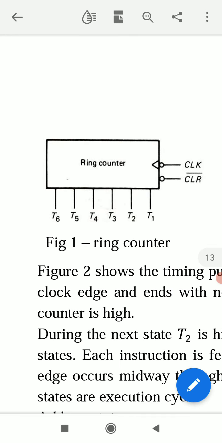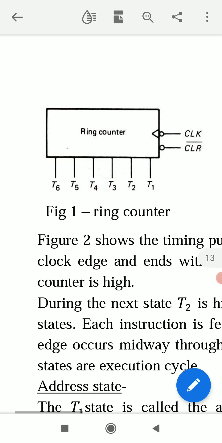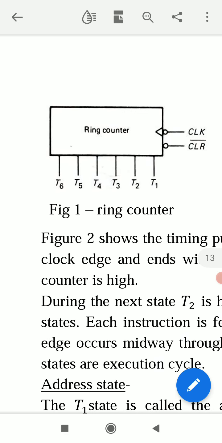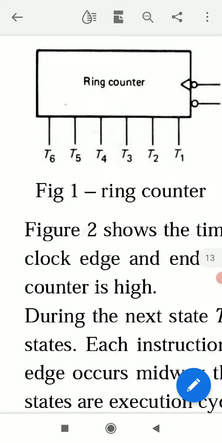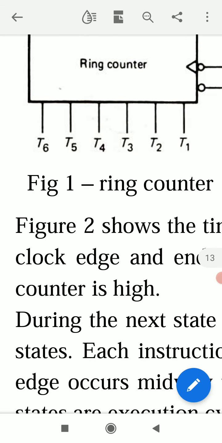This is the ring counter, and it produces this 6-bit word T, which is T6, T5, T4, T3, T2, T1.